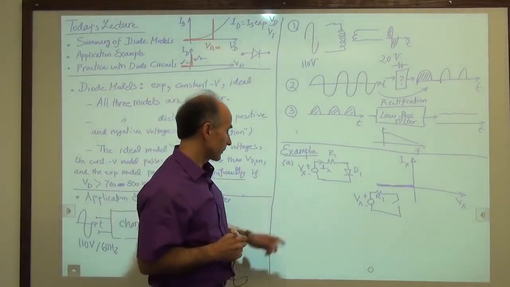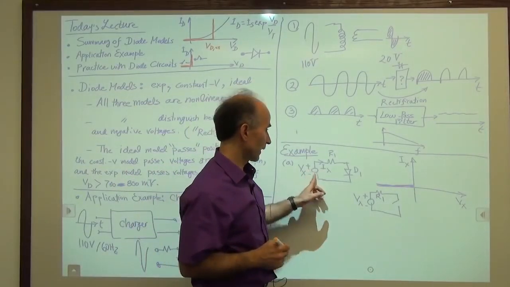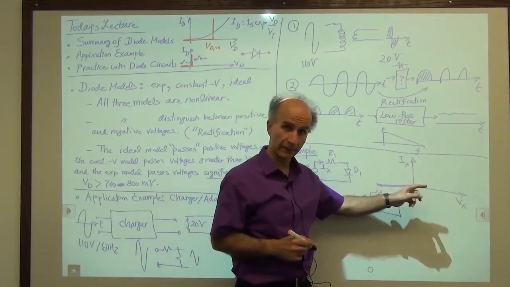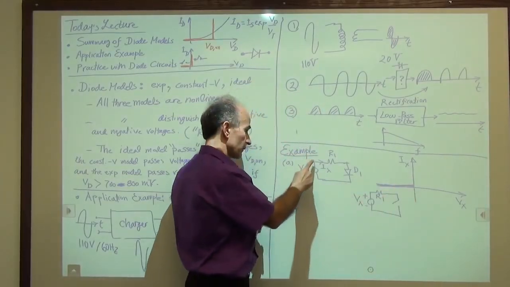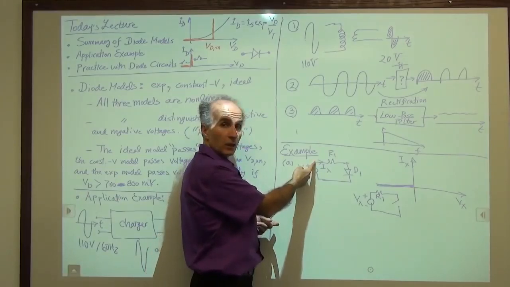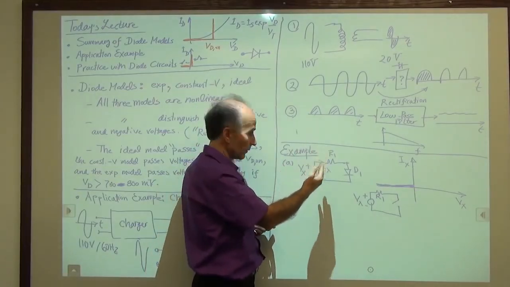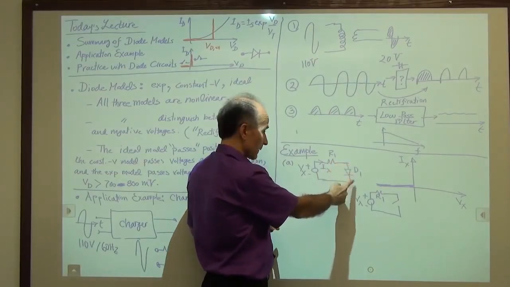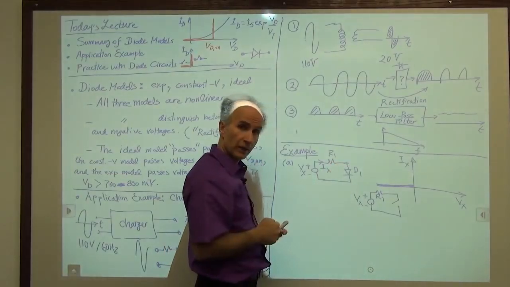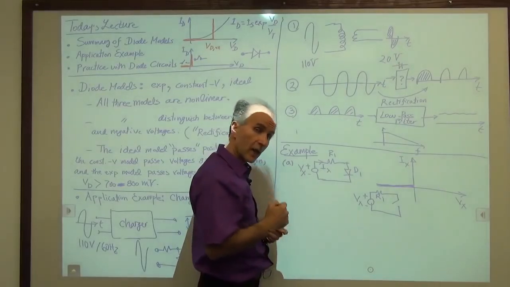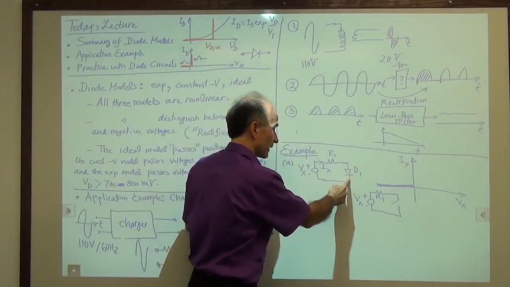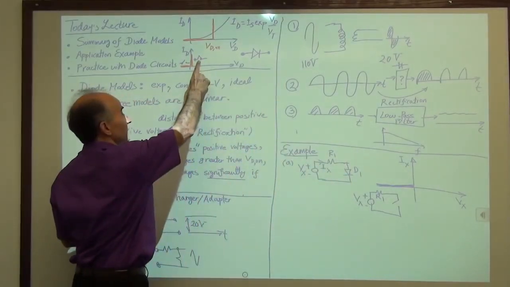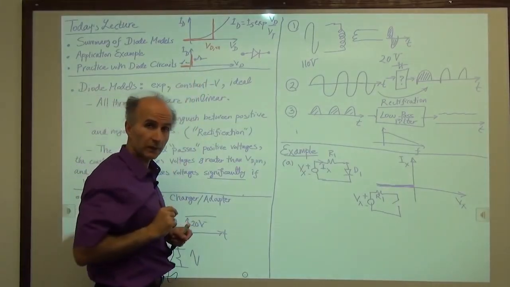All right, in the next step, we let Vx cross 0 and become positive. If Vx is positive, so let's say this has gone to plus 2 volts or plus 1 volt, we expect that this would be positive with respect to here, so the diode has turned on. If the diode has turned on, then it can be replaced by a short circuit if it's an ideal model.